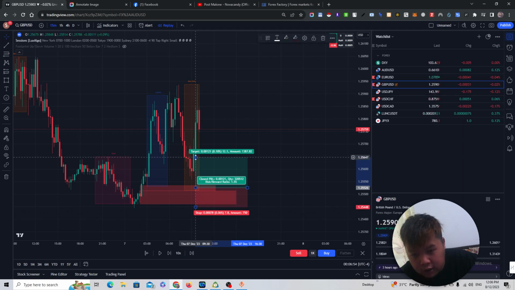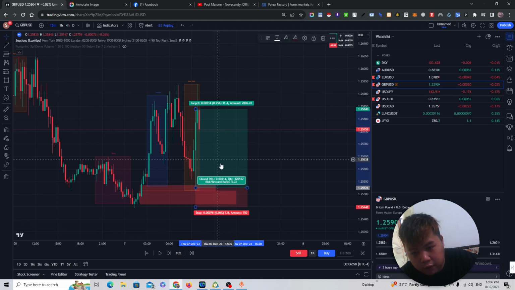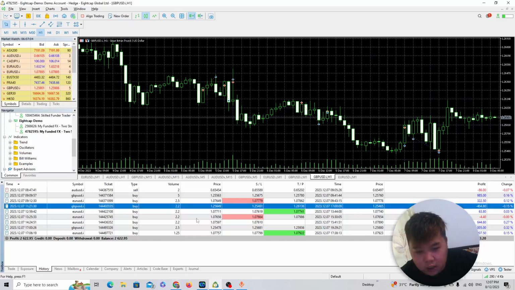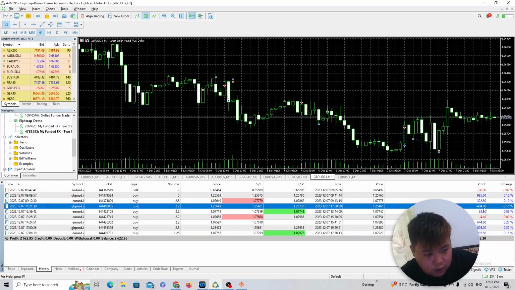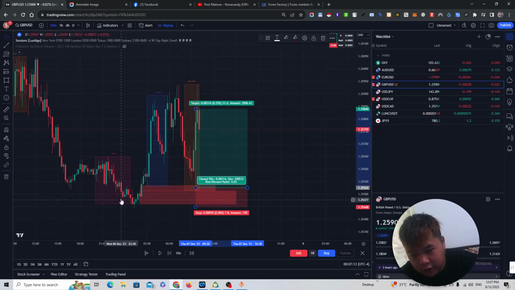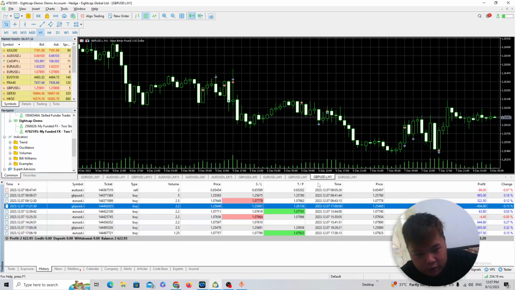I was targeting around 1.3 risk to reward ratio, but I got 1.4 instead. Because on this trade I was risking around 250, but I got 1,000 profit here. But this one is already a losing trade for me because the price did stop me out, because my stop loss was here, right?